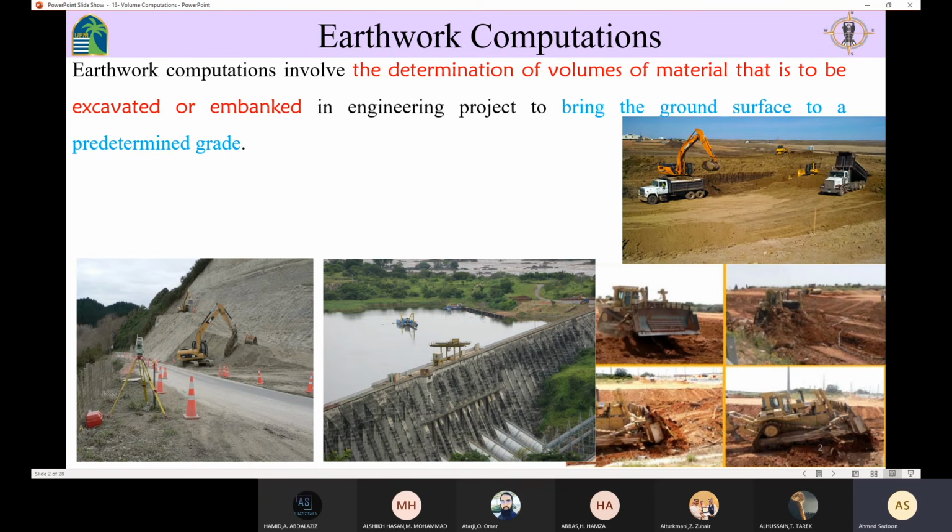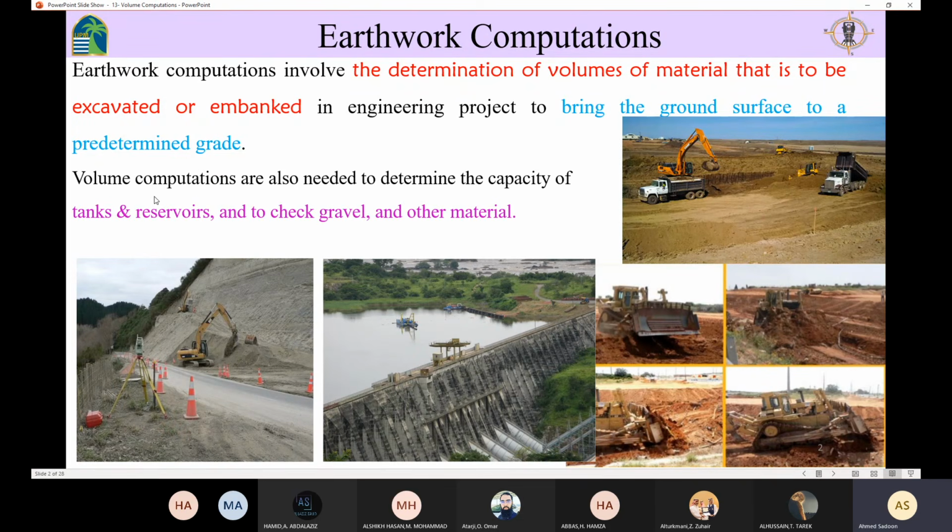Prior to the construction, we need to have a certain level for the project, and in order to achieve this level, we need to cut some part and fill some part. And we call this earthwork computations.